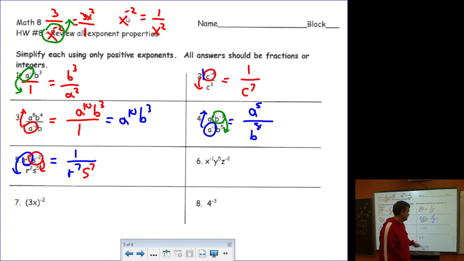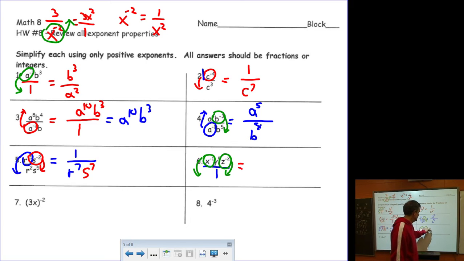All right, number 6, this thing is not a fraction, so I'm going to make it a fraction by putting it all over 1. The terms on top that have a negative exponent, they need to move to the bottom, and that will turn their exponents positive. And so my final result is the only thing left on top is the y to the fifth.